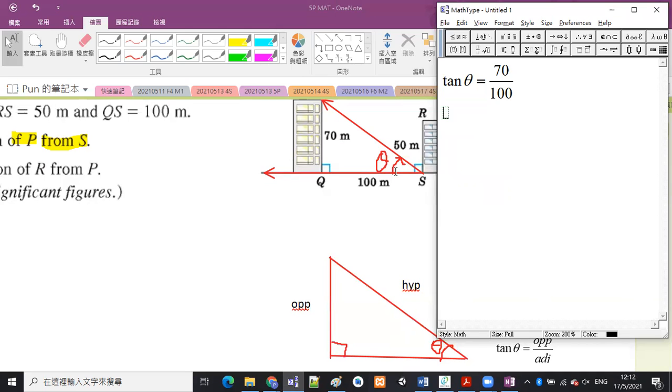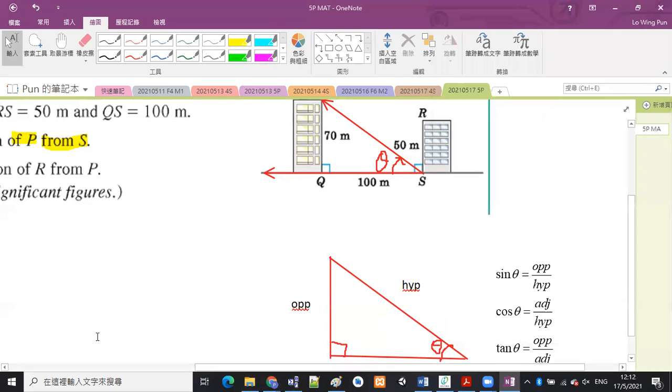Then you get 34.99 something. So theta is equal to 34.9920202 degrees. As this is not the last part of the question, we need to save this number to memory A.